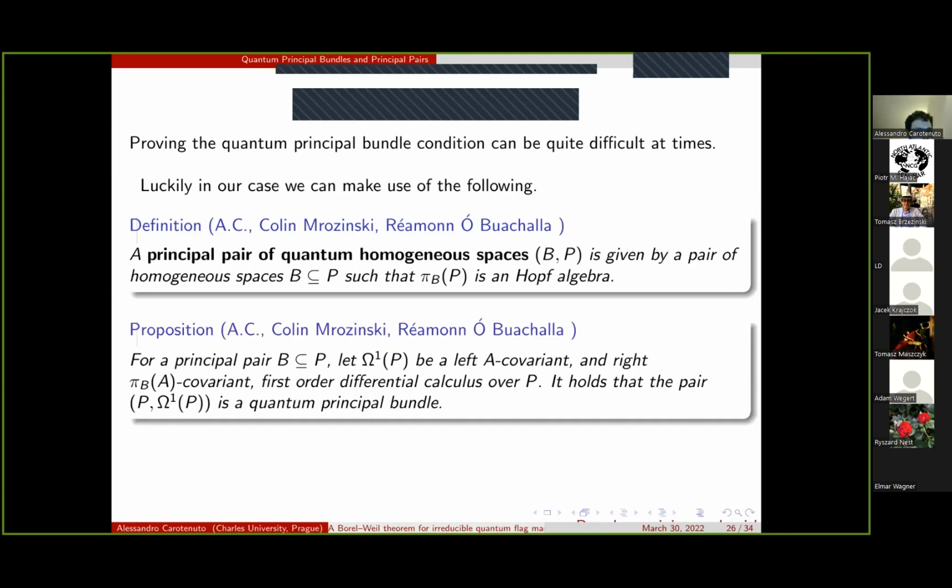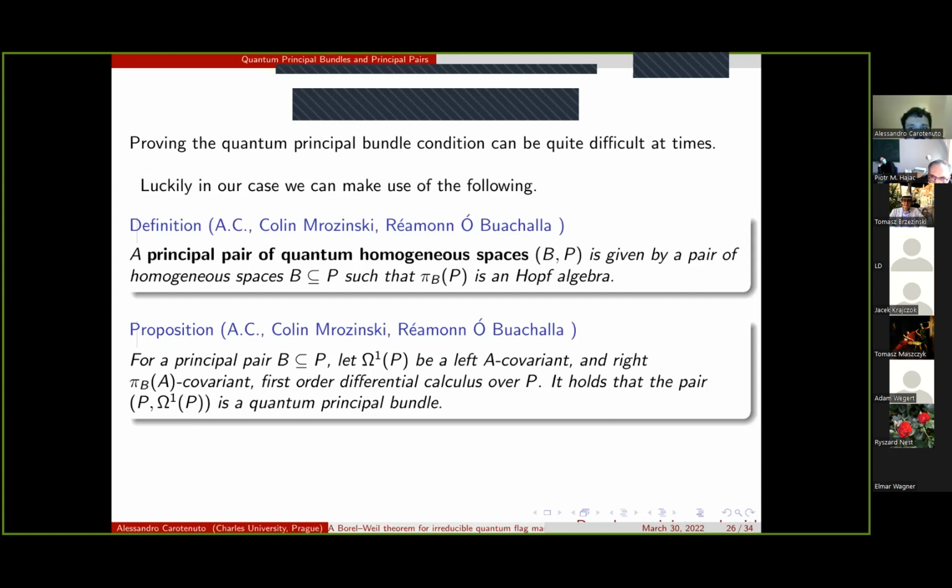In fact, if I have a principal pair and a first order differential calculus over P, such that Omega 1 of P is left covariant and right covariant with respect to the action of the Hopf algebra given by the quotient of A by P plus A, then the pair P, Omega 1 of P is a quantum principal bundle.